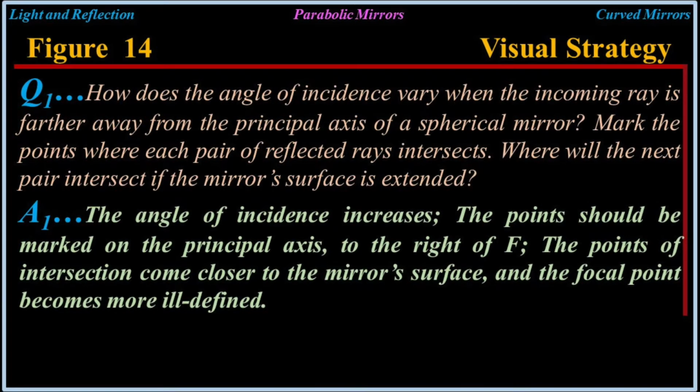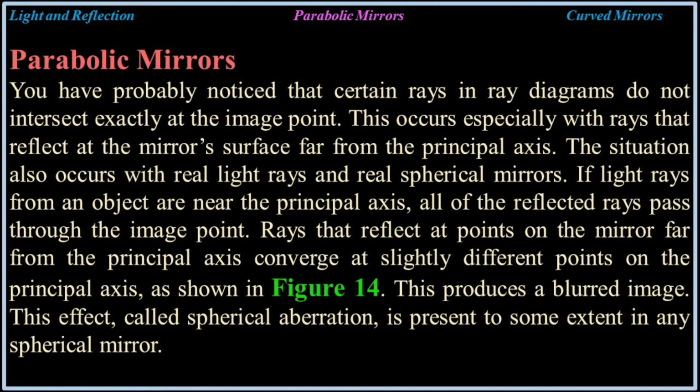Answer. The angle of incidence increases. The points should be marked on the principal axis to the right of F. The points of intersection come closer to the mirror's surface and the focal point becomes more ill-defined. You're going to want to read that over, make sure that makes sense.